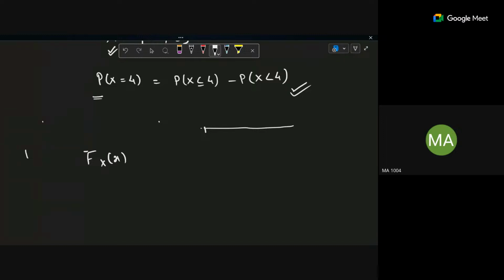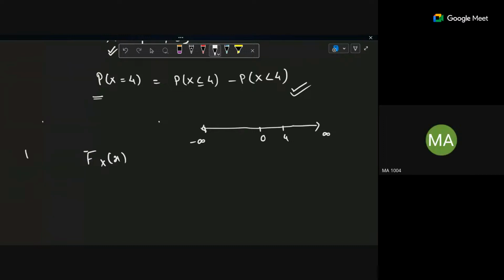Let's say this is a real line, negative infinity to infinity, and 4 is somewhere here, because this gives the jump. Like in one example, from 0 to 4 there will be one value like 0.2, and at 4 there will be 0.6 also.